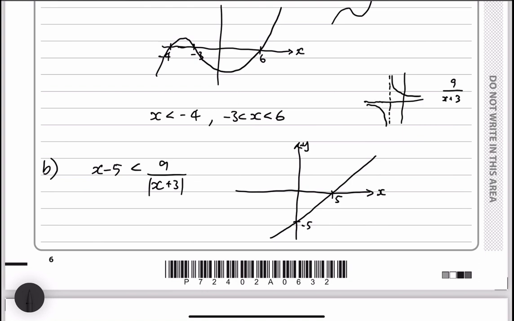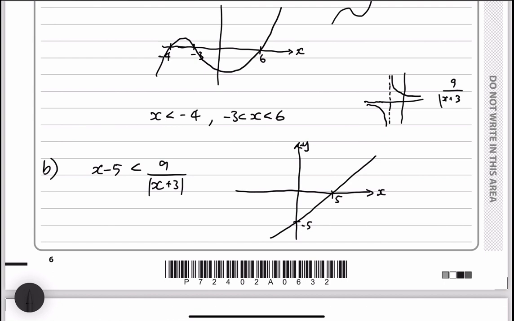And I can check as well that the x-axis must be an asymptote, because I can't ever get a 0 out of this fraction. You can't divide 9 by anything that will give you a 0. You can get closer and closer to it as the divisor gets bigger and bigger, but you can't actually get to 0. So that's how that looks.